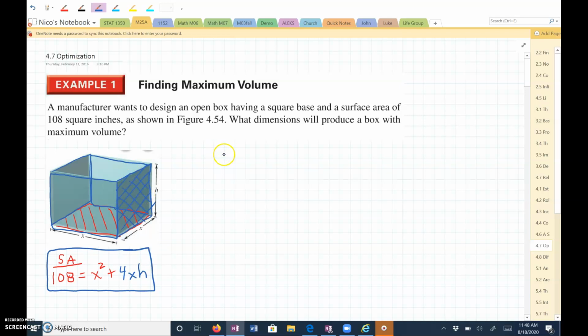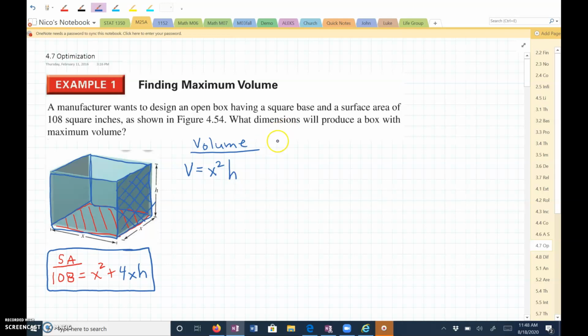Also, what we want to maximize is the volume of this figure. To figure out the volume of this figure, you multiply the length times the width times the height. So the volume would equal x times x, which is x squared, times h.